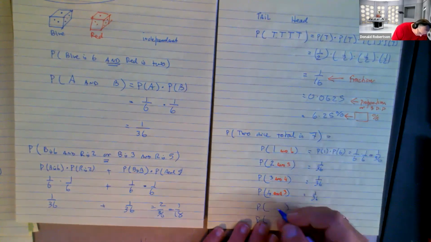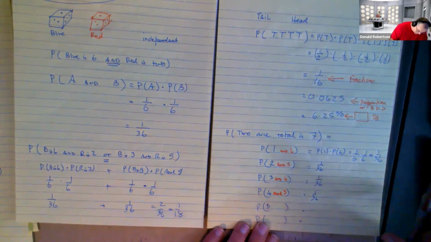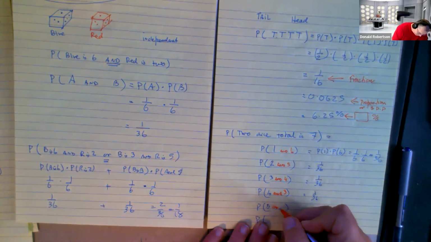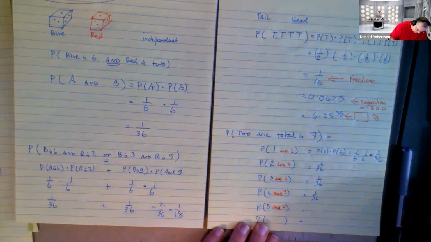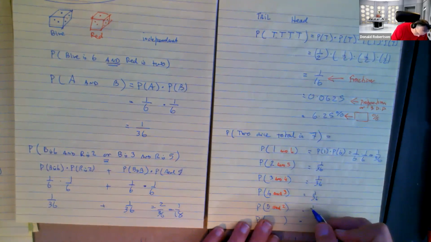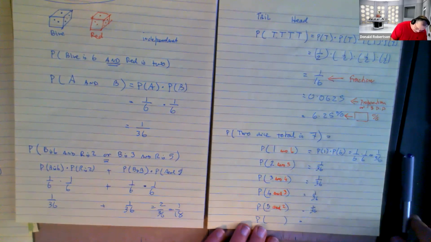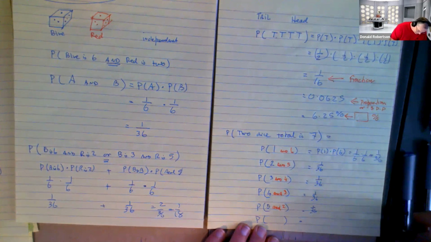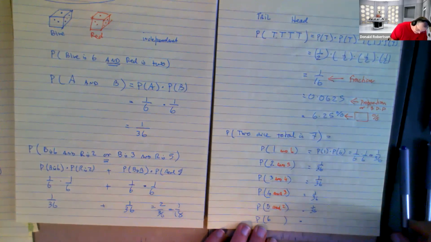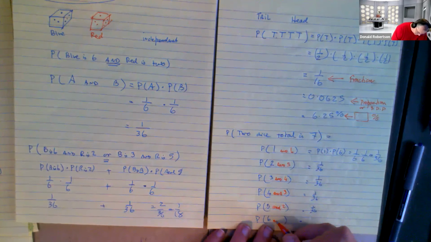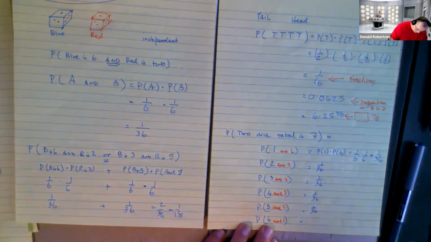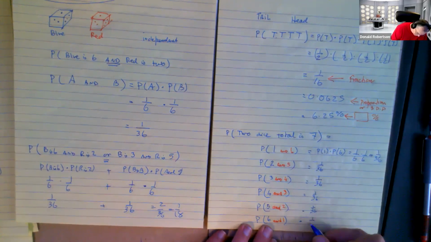The next one, I believe, is going to be a blue 5 and a red 2. And that's going to add up to 1/36. And the last one, if I get this right, is a blue 6 and a red 1. And that also adds up to 1/36.